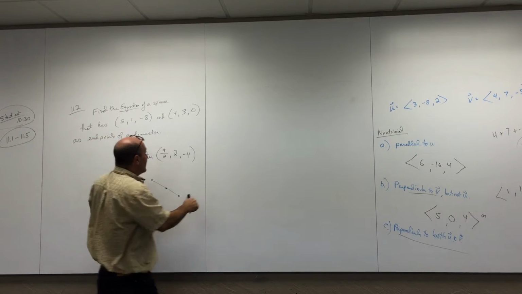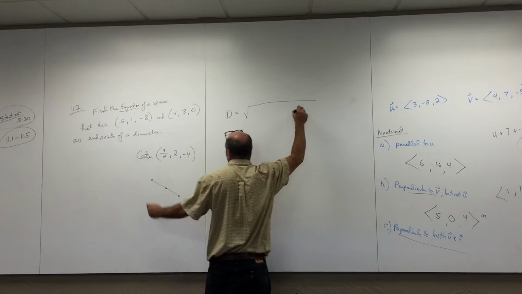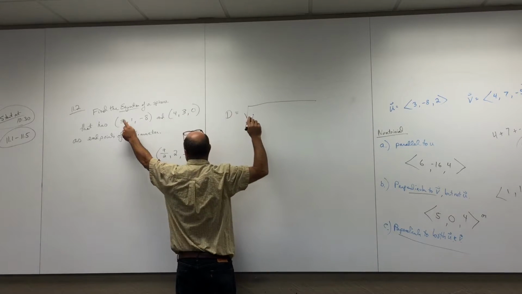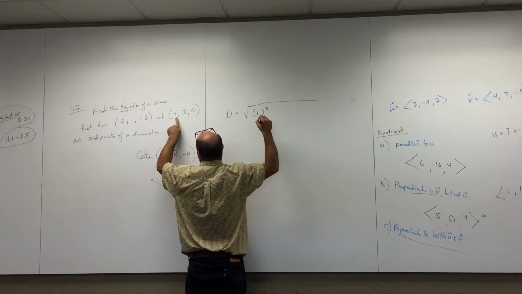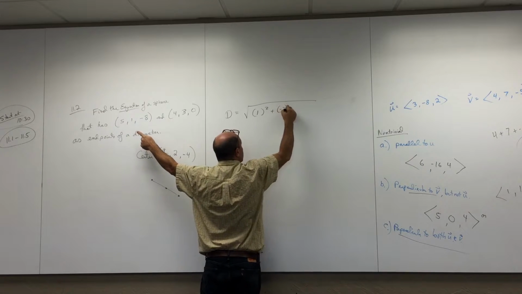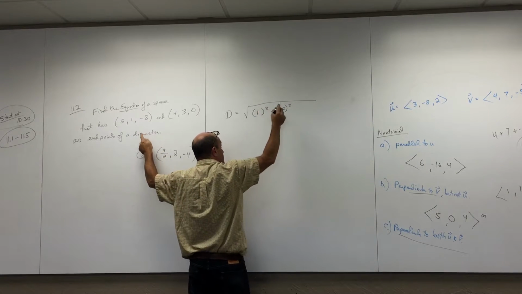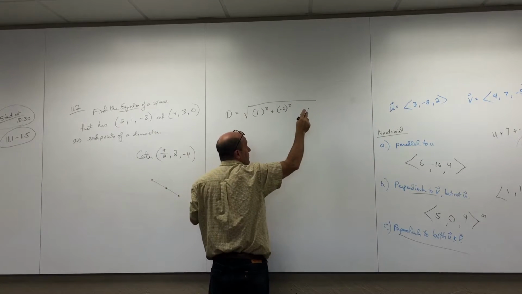I think I'll do the diameter. The distance formula is the square root of: subtract your x's, 5 minus 4, squared; 1 minus 3 squared, that's -2 squared; subtract your z's, -8 squared, 64. Subtract your x's squared, your y's squared, your z's squared, add them all up and take the square root.